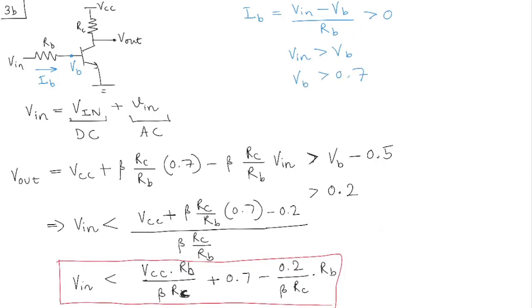If you combine both these conditions, the condition that you get is V in should be greater than 0.7 volts, right? This is the condition that we get from the fact that we don't want our transistor to be in cutoff mode.